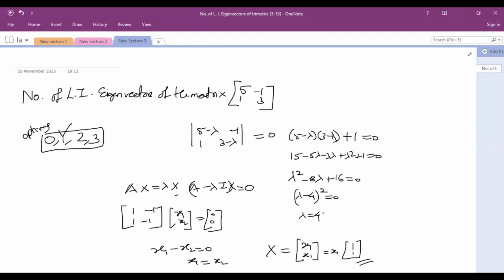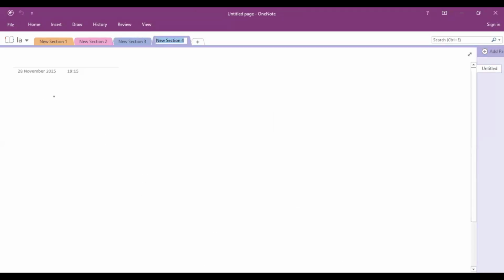Okay, let's proceed with some more examples like this. So if we have a matrix B, which is given by 3, 1, -2, and 0, and we want to find the value of B cube.